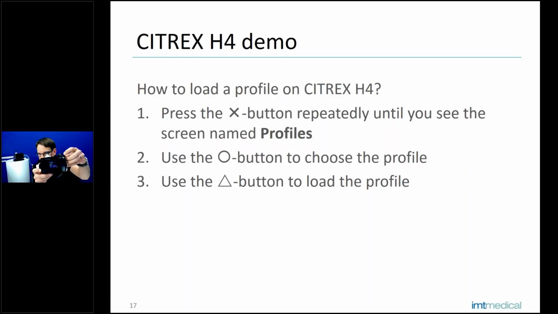And now I should also find here my vent A profile, which I have just created with the tool. And with the triangle button, I can select it up here. It asks me if I really want to load it. I have to confirm again with the triangle button like this. And now this profile has been loaded on my CITREX H4.